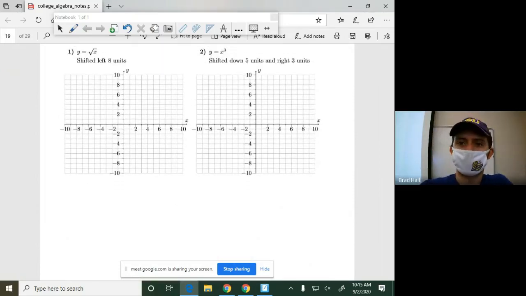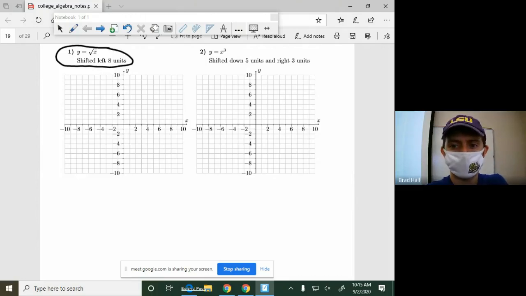And then it says take that shape and shift it to the left 8 units. So we're going to take that shape, go to the left 1, 2, 3, 4, 5, 6, 7, 8. And then that shape looked like this.